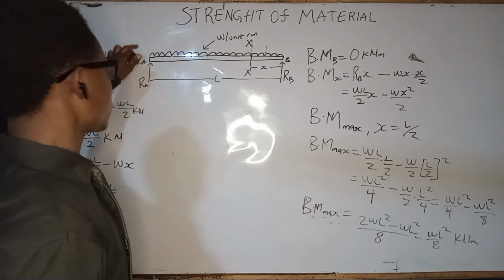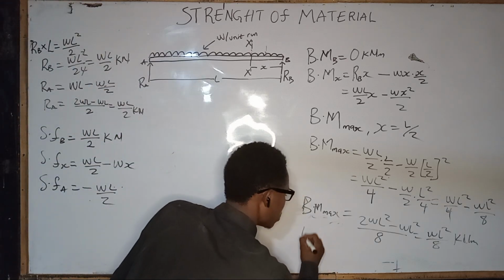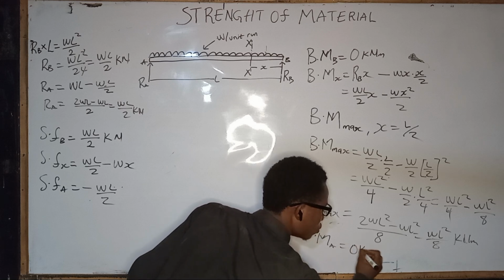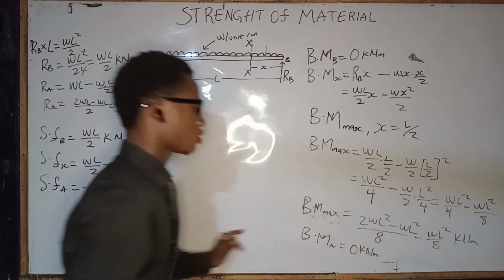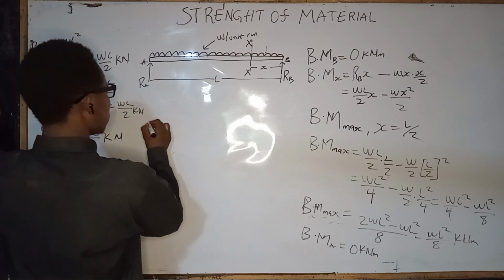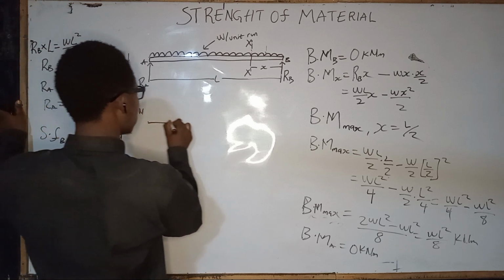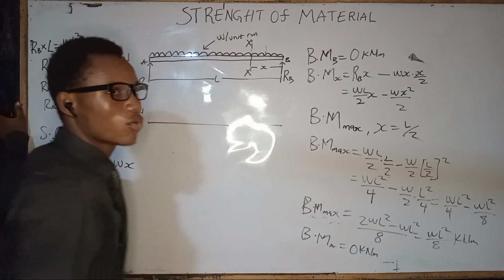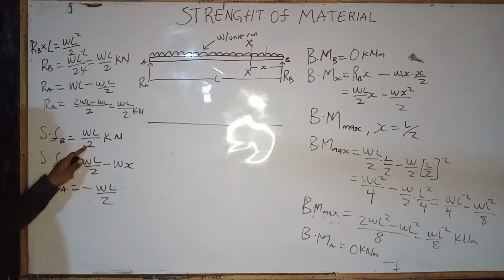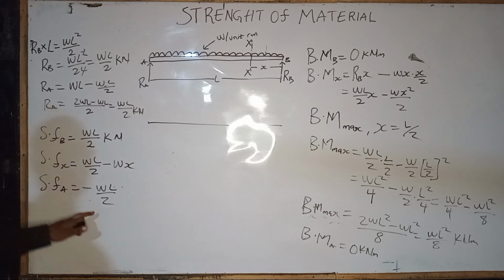Then our bending moment at A would also be equal to 0 kilonewton meter. So that is it. Drawing the diagrams for this, we put a neutral line of 0. Then at B, the shearing force is WL over 2, and the shearing force at x is this.